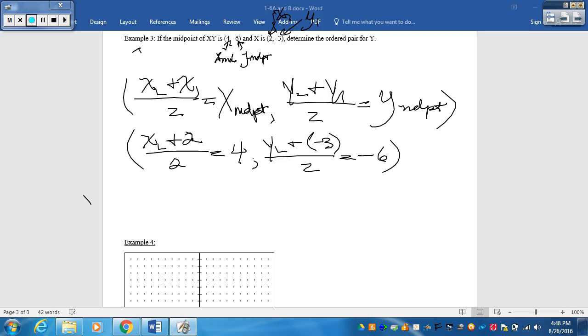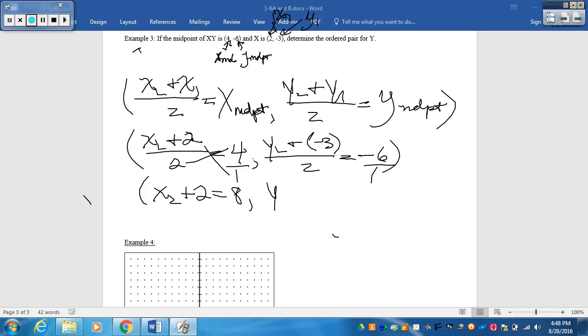Okay. Now, as I told you before, if you struggle to know how to solve these problems, change it into a proportion. That's definitely one way you could do it. Cross multiplying here and here, we have x sub 2 plus 2 is equal to 4 times 2, which is 8.